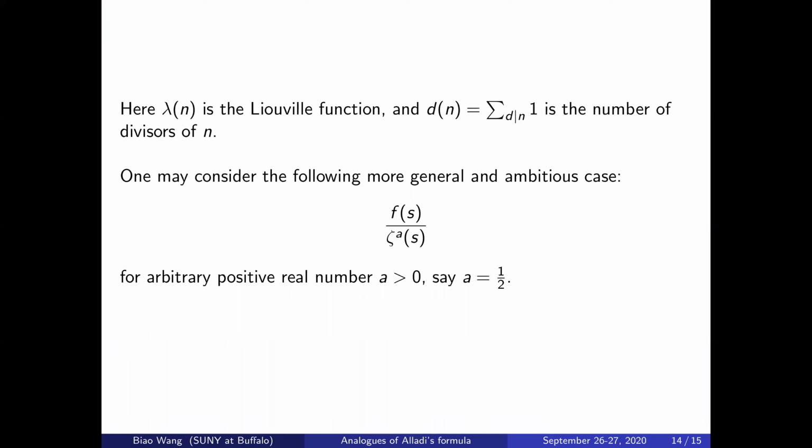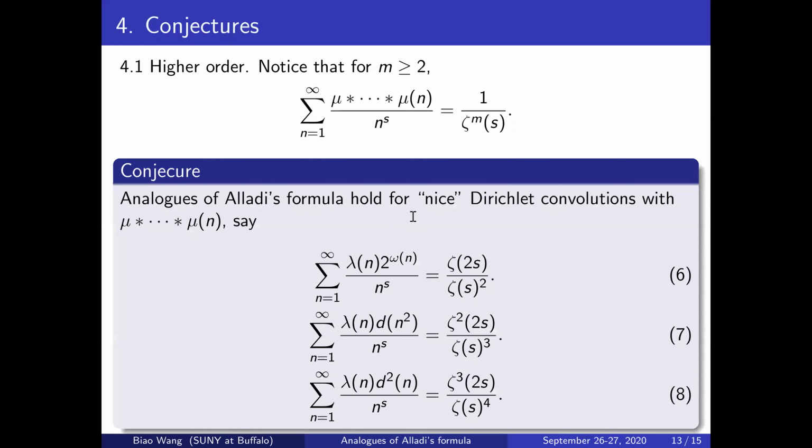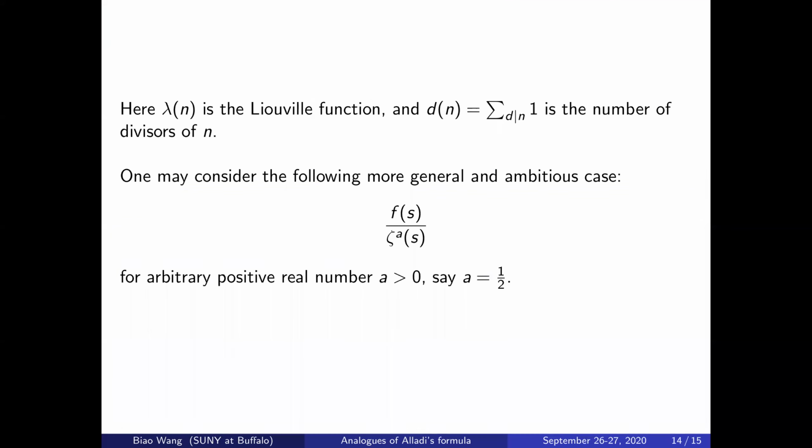And you can also consider higher powers. In the previous case, the power is an integer. You can also consider the positive real power, and you can also propose a similar analogue, but it's very hard.